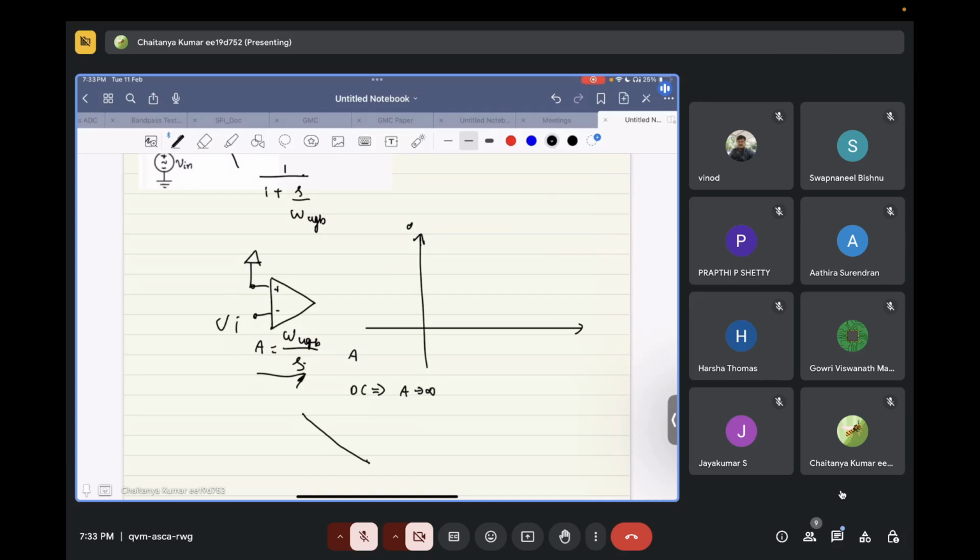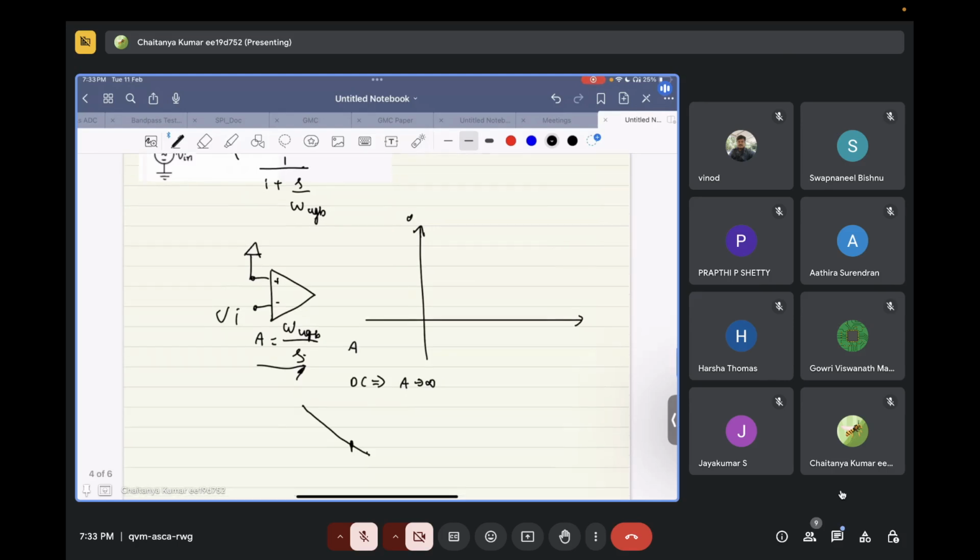The op amp is useful if it is able to amplify, right? If it is not able to amplify, then the op amp is useless. If it is attenuating instead of amplifying, the op amp is useless. So after UGB, the op amp will give you a gain less than 1. That's what this transfer function models.